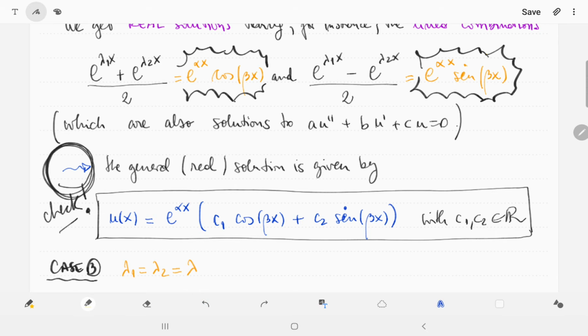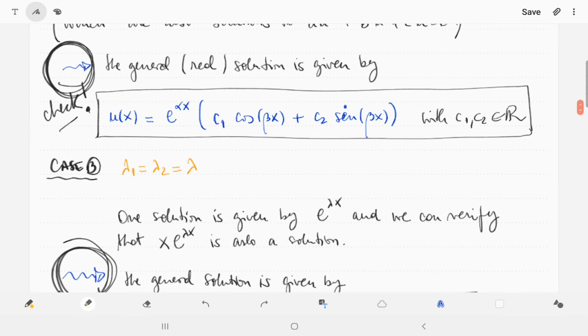Again, you can use this result each time you are working with a second order linear homogeneous ODE with constant coefficients, and the characteristic equation has two complex, not real, roots.